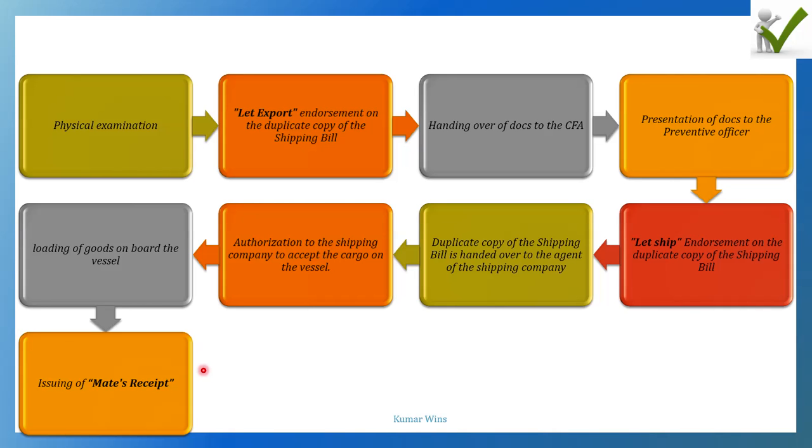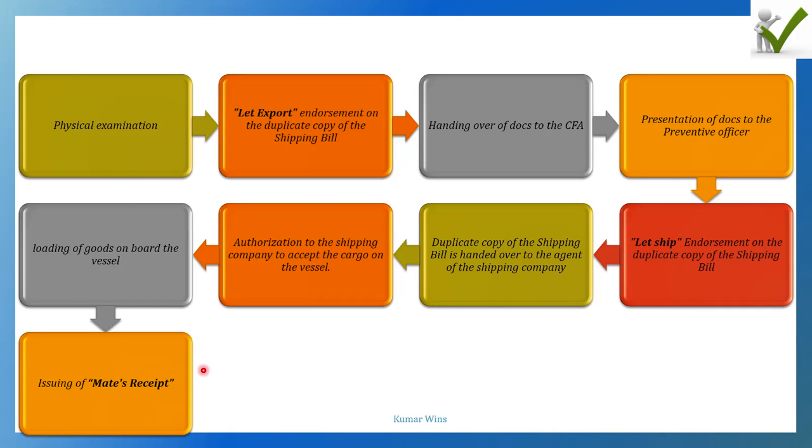Let me repeat. The METS receipt is presented first to the preventive officer, and the preventive officer records the certificate of shipment on all the copies of the shipping bill, original and duplicate copies of the AR4 or AR5 form, and then he returns the export promotion copy, a copy of drawback shipping bill, and presents the METS receipt.